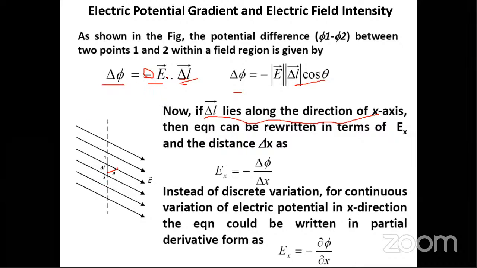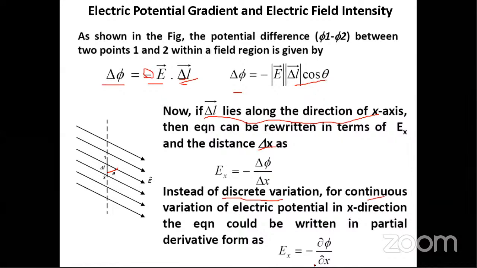Similarly, E is equal to minus del phi by del L. Now for the x direction, that is del x, it is minus del phi by del x.